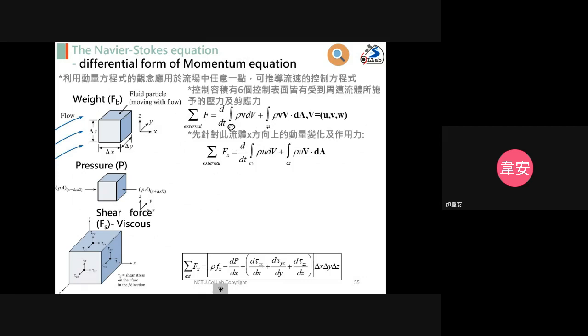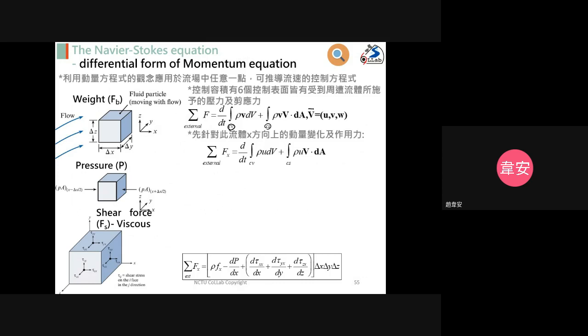And as we know, our target right now is the velocity field. The velocity along the x direction is u, the velocity along the y direction is v, and the velocity along the z direction is w.